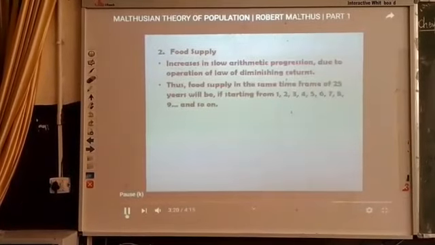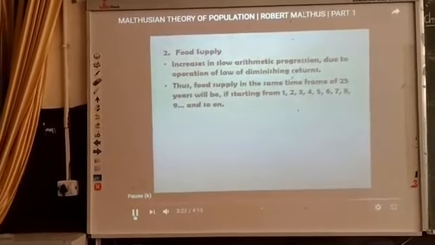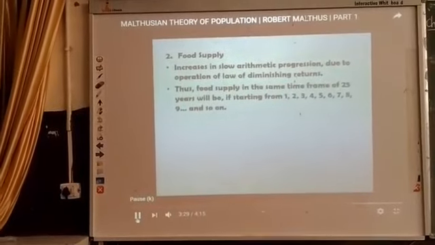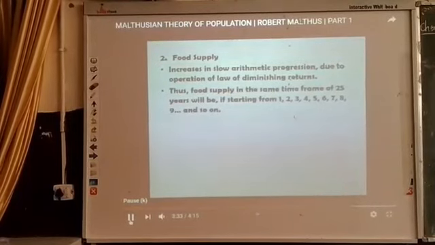The next doctrine is food supply. Food supply increases in low arithmetic progression due to the operation of the law of diminishing returns in agriculture.